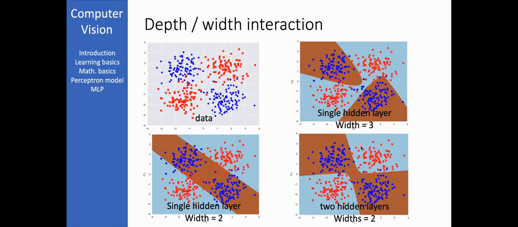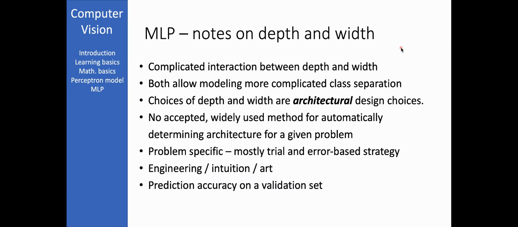So we see that increasing the width of a network makes the model more complex. Increasing the depth of a network also makes the model more complex. So it's both at the disposal of the designer, using width and depth and their interaction to create complicated models that can solve complicated problems.